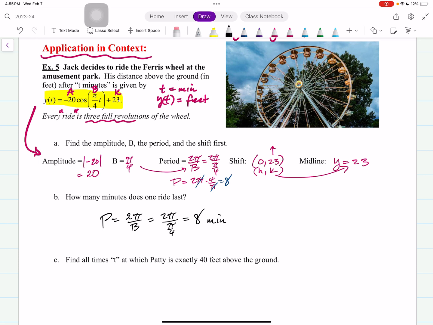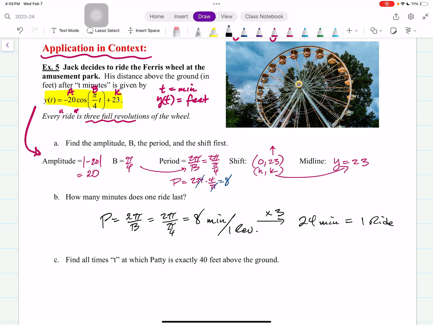That's your period. How long is the ride? Well, it says every ride is 3 full revolutions. So we multiply this by 3, and we get 24 minutes, which is equal to 1 ride.